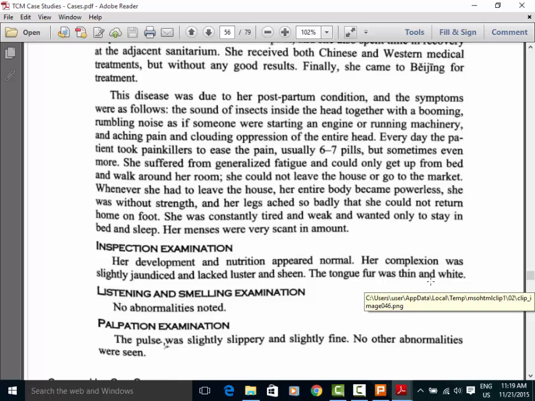This is a good example of extracting useful information. Does anybody want to take a stab at a diagnosis here? Blood deficiency, like the last one? Qi and blood deficiency. There may be some element to that, okay?